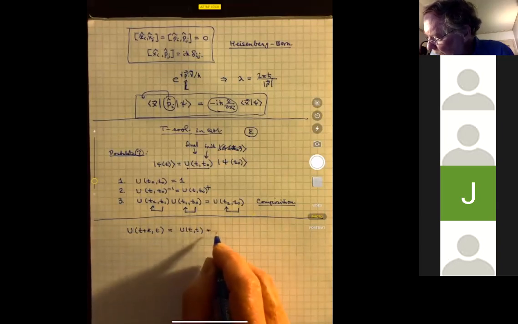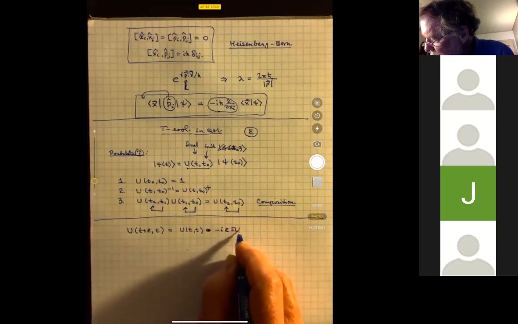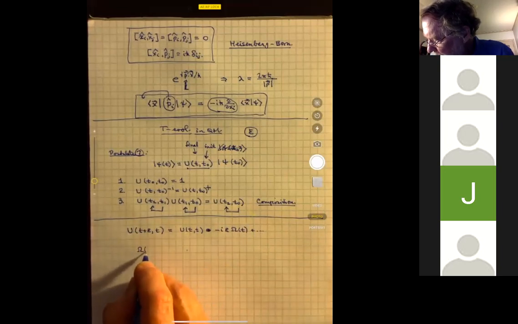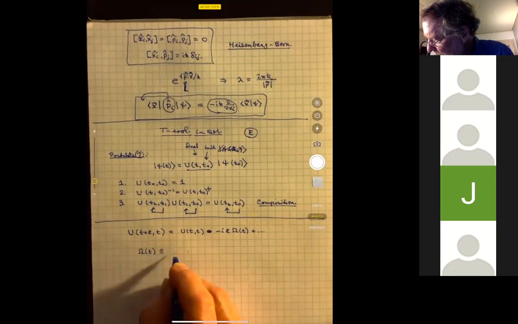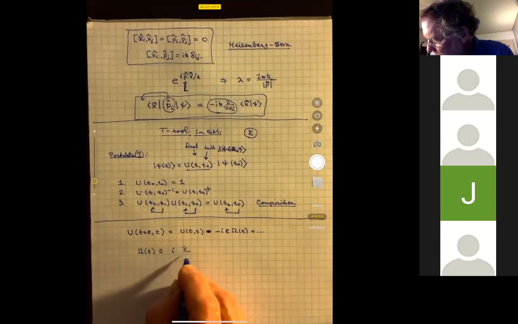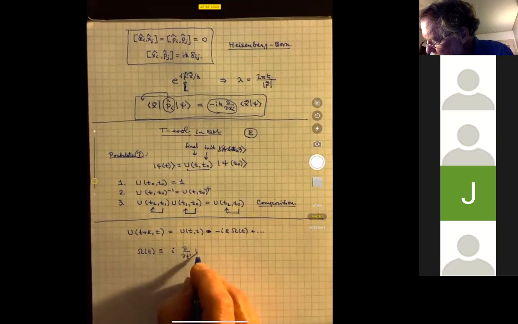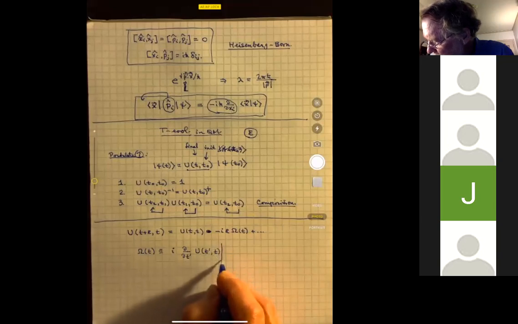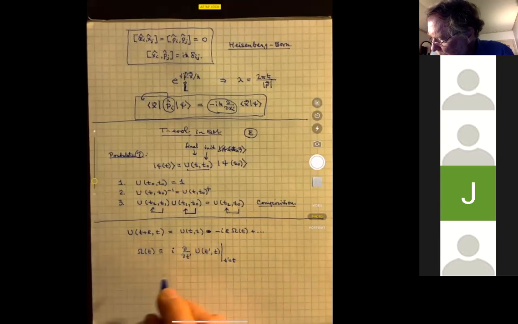And the next term I'll write this way: minus i times epsilon times omega of t, plus higher order terms, where omega of t is defined as i times the derivative with respect to t prime of U evaluated at t prime comma t. So we take the derivative with respect to the final time, and then evaluate that when the final time is equal to the initial time. This is just a definition of the operator omega of t.